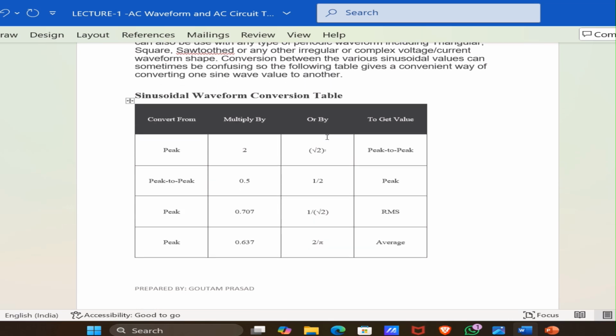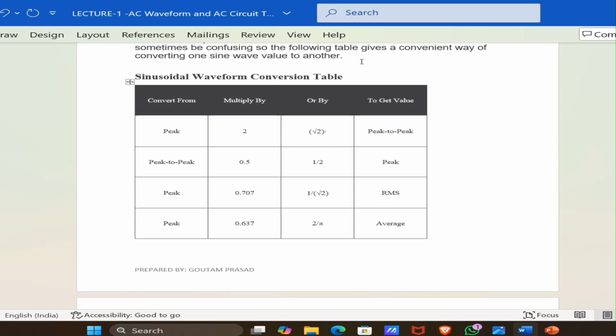So there is a comparison here, a sinusoidal waveform comparison, showing what to multiply or divide by to get the value.